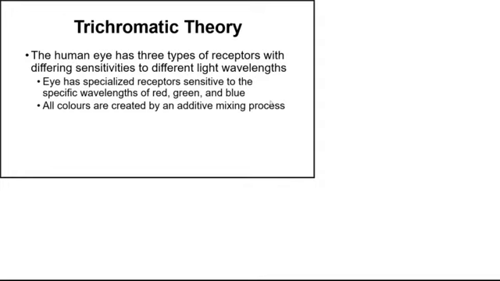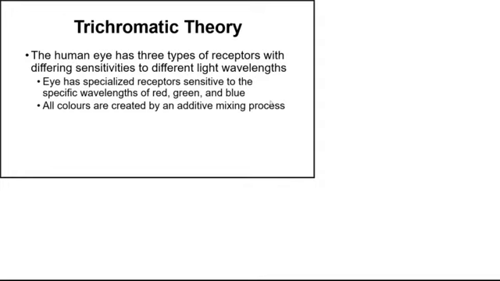What that's basically saying is we have three different kinds of cones. From dissections of eyes, we can see that there are three distinct kinds of cones. That's why all of the theories start with that point. Where they differ is on what those cones do. What do those three different kinds allow us to see?